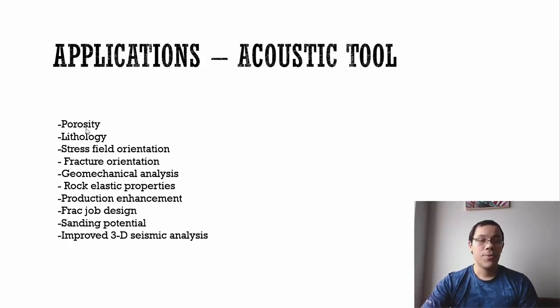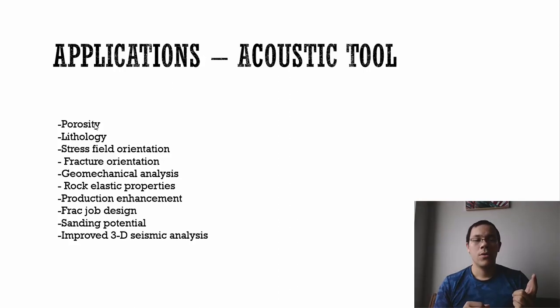I would like to mention that regarding porosity, it provides an estimate of effective porosity, which is different than the measurements we get from the density tool and neutron tool, because those are indicators of total porosity. In the case of acoustic tools, we're talking about effective porosity.